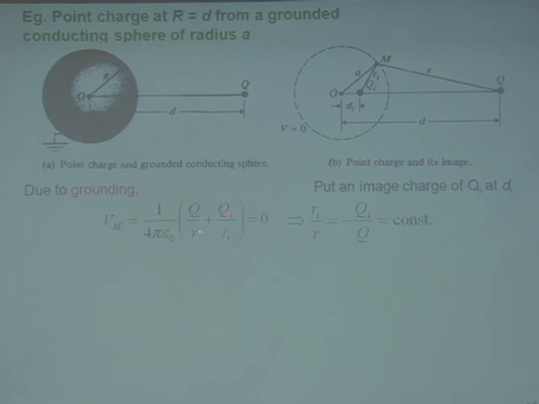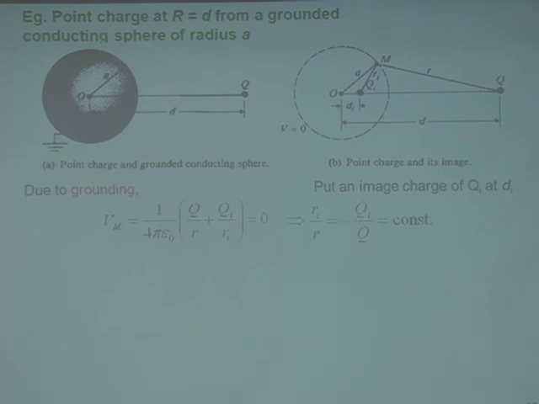And then the summation of these two terms has to be equal to 0, according to this boundary condition. This metal ball is grounded, right? So you have a relationship Ri over R equal to minus Qi over Q, and Qi is something with a fixed value.